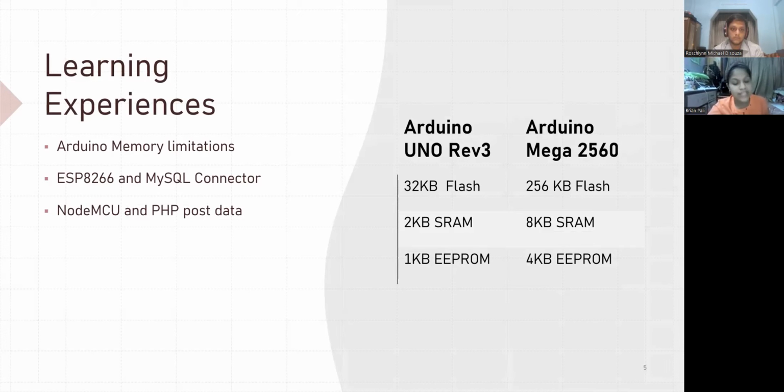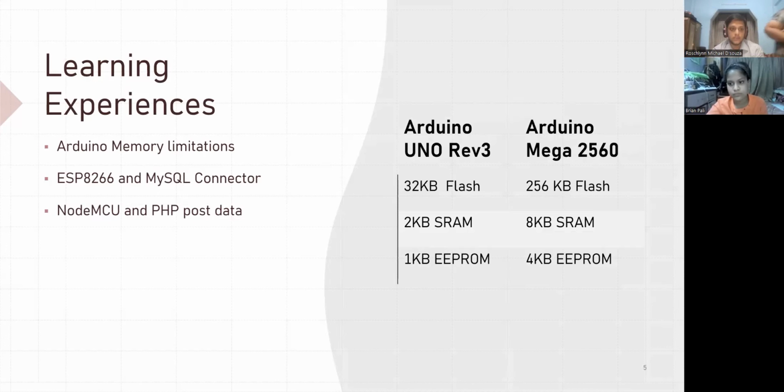So we replaced the Arduino Uno with the Arduino Mega, which had a greater memory capacity, because of which the data processing speed was also faster. So the system ran faster, and the memory issue that we faced using Arduino Uno was solved.